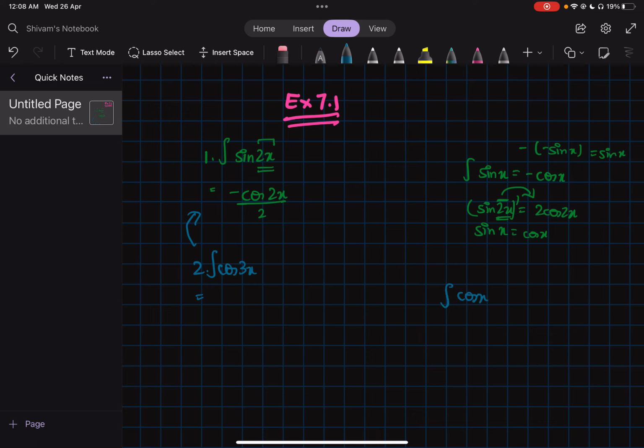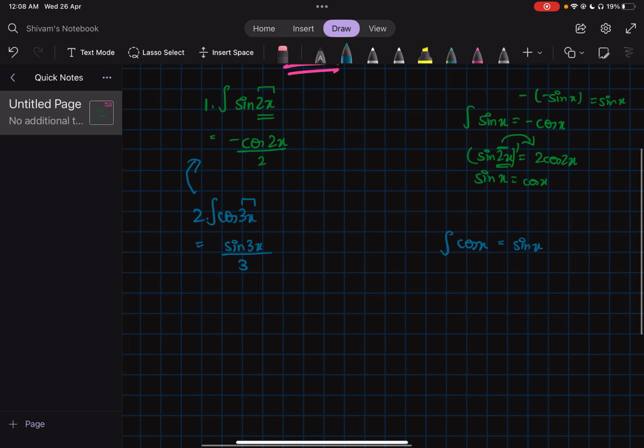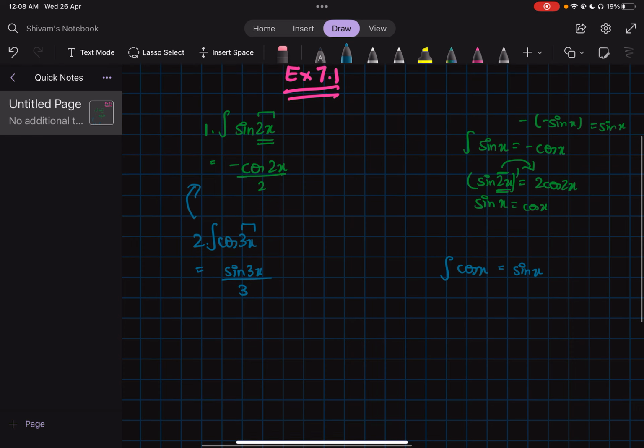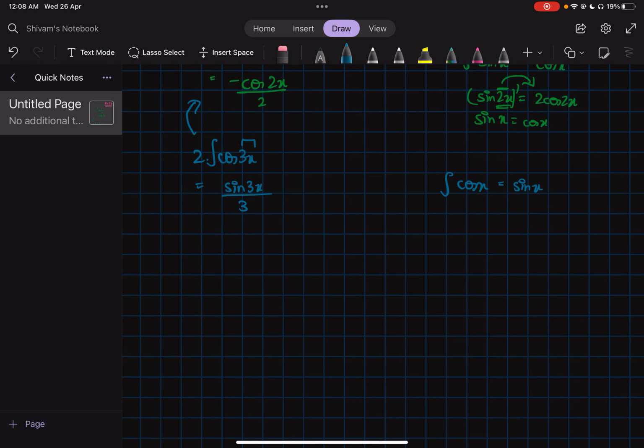The integral of cos x is sin x. So for cos 3x, it will be sin 3x, and then due to the inverse chain rule, you're gonna want to divide by the derivative of the inside, which is 3. And that is the answer. So these two questions are pretty similar, just concept building questions. Not gonna come in your exam, but it's important you know them.